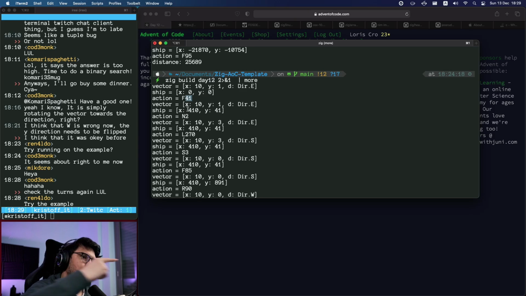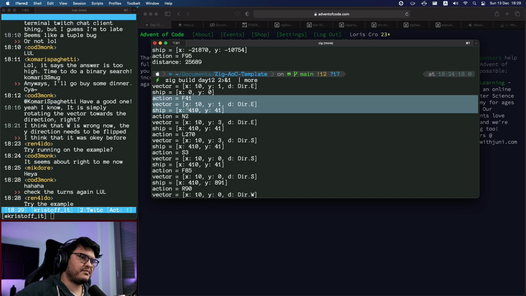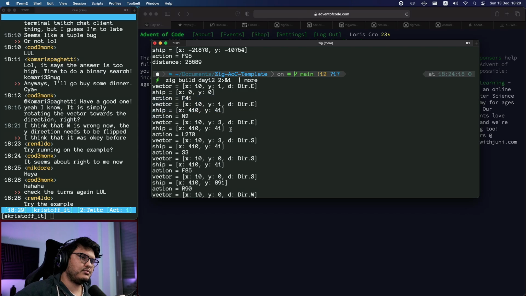So we are moving 410 and south 41. So that's fine. North 2 doesn't change our ship position, but moves the vector a bit more north.